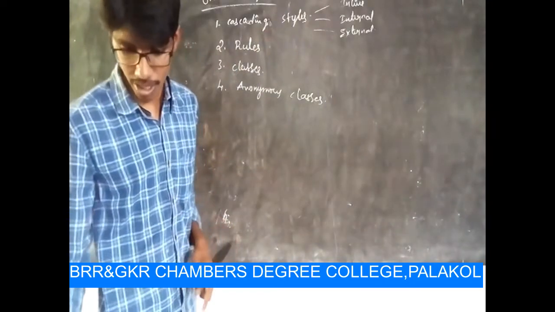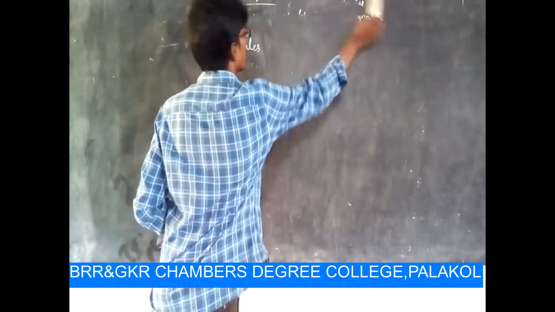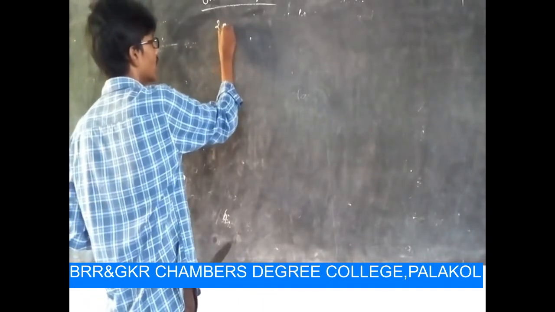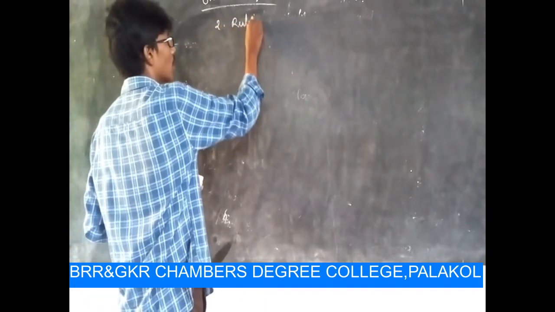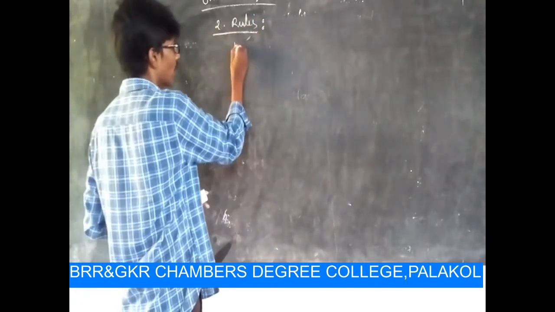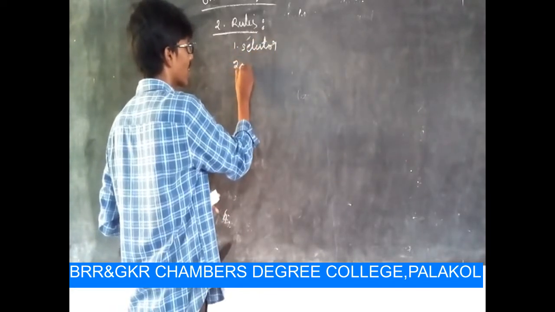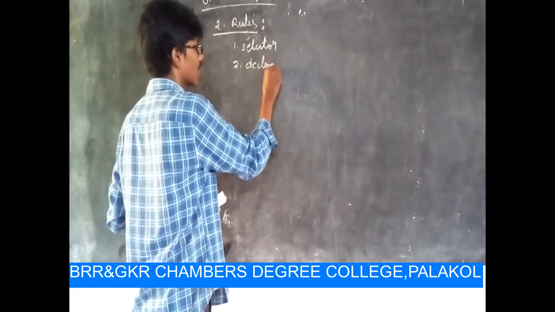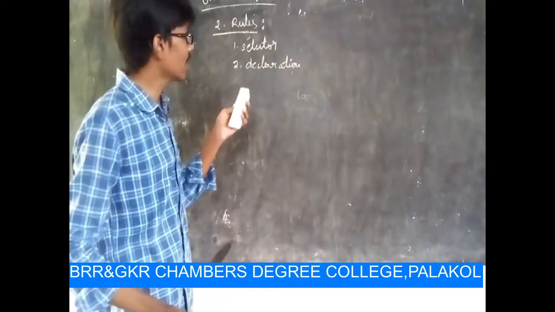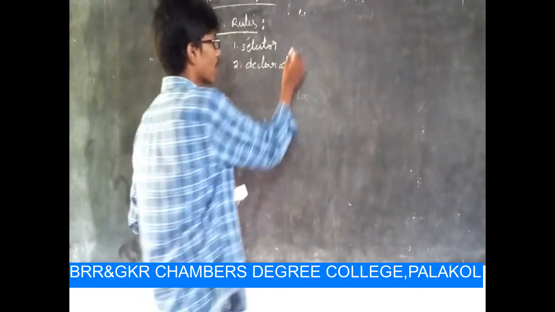Coming to the next one, that is rules. Coming to rules, there are two things. First one is selector, and second one is declaration. This topic is the same as internal CSS. There we represent the selector.